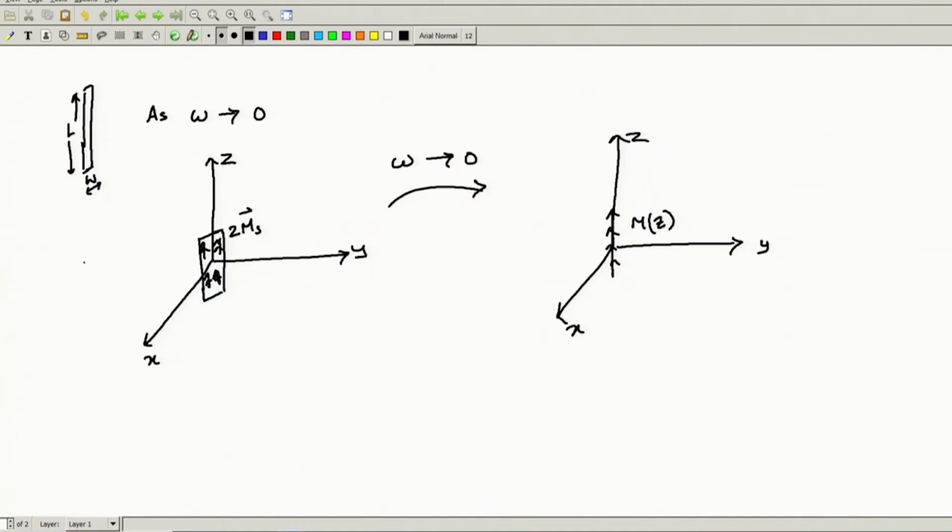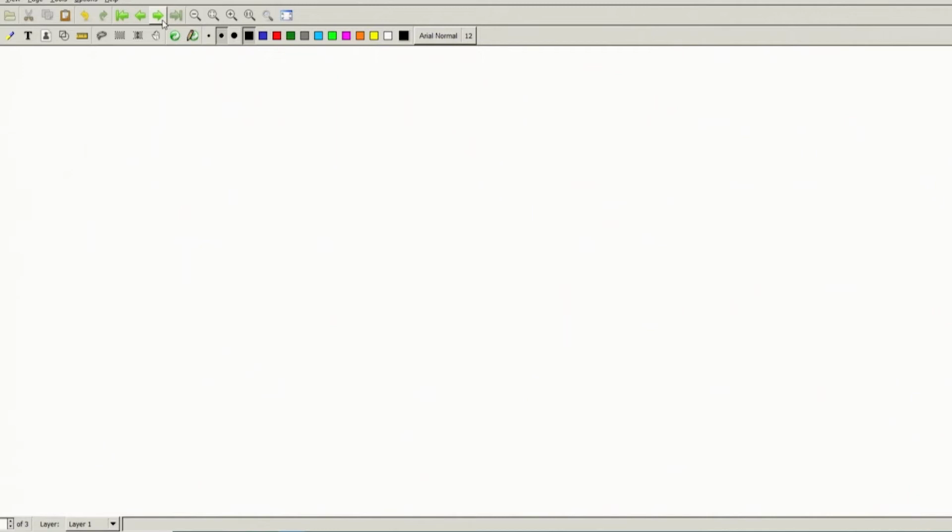Now we know the radiation field for a dipole.